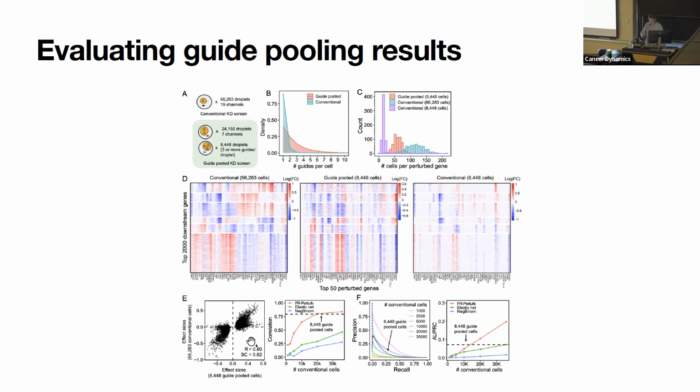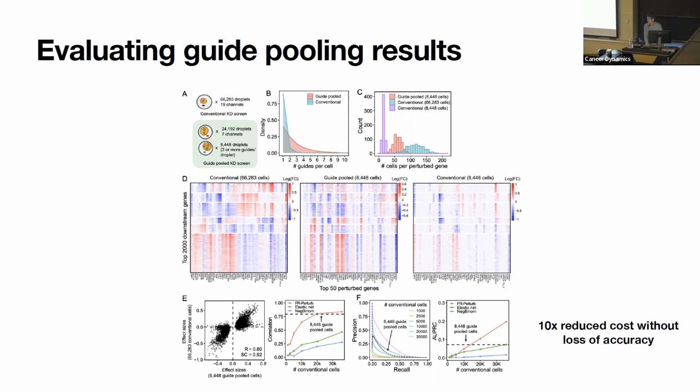And importantly, we can do these downsampling analyses, once again, to ask if you wanted to achieve equivalent accuracy in a conventional screen to what we get with our guide pooling screen, you need to spend about 10 times as many dollars. And that's combined between sequencing and library preparation.